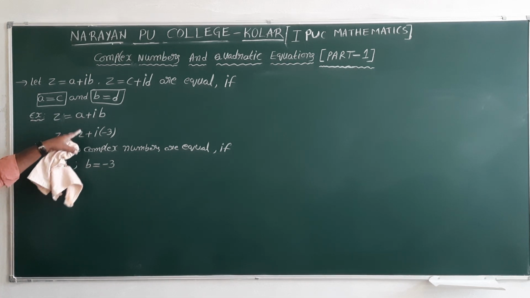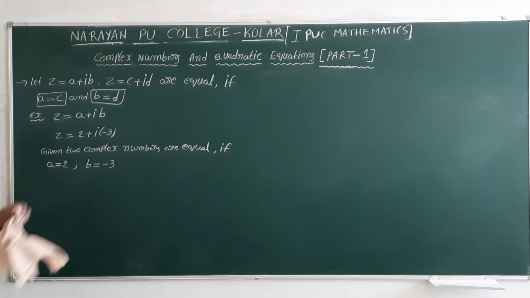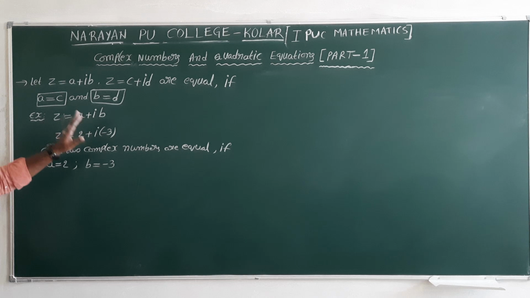So real parts are equal, imaginary parts are equal. Here a is the real part only, b is the imaginary part. Like that we can say two complex numbers are equal.